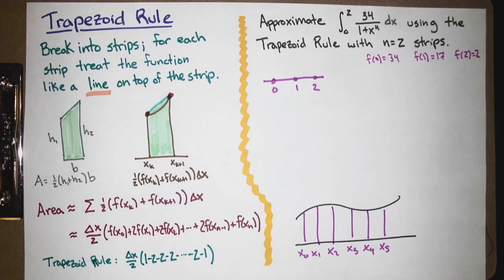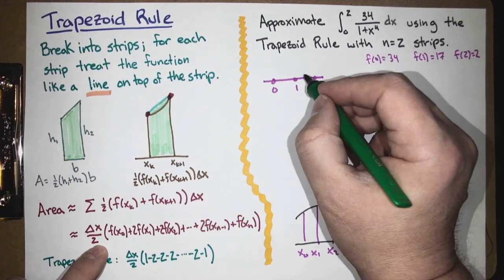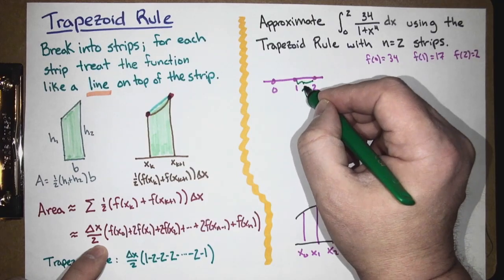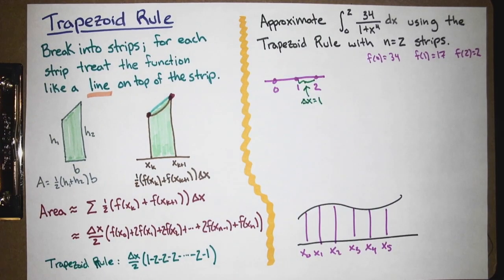So when we apply our rule, we still have the same delta x. And when we do this rule, it is important that the intervals are equally spaced. Trapezoid rule and Simpson's rule, in their simple form that we have written down, don't follow this pattern if the intervals are not equal.